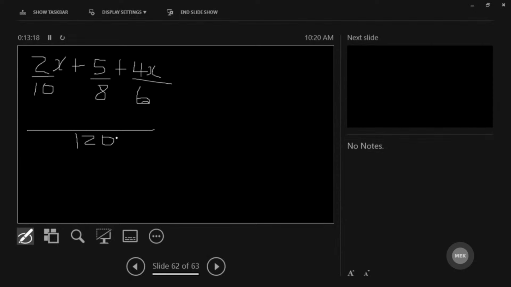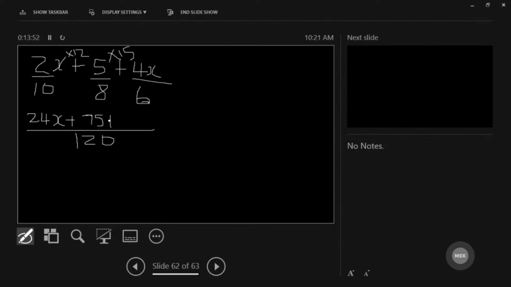And 10 into 120 goes 12 times. 2x times 12 is 24x. And 8 into 120 goes 15 times. 5 times 15 is 75. No x because there isn't any x up here.